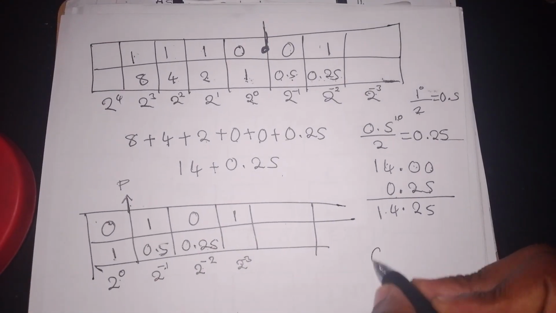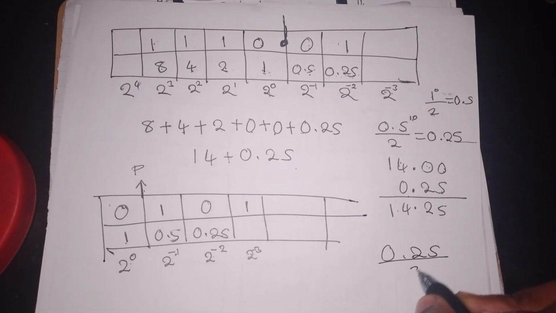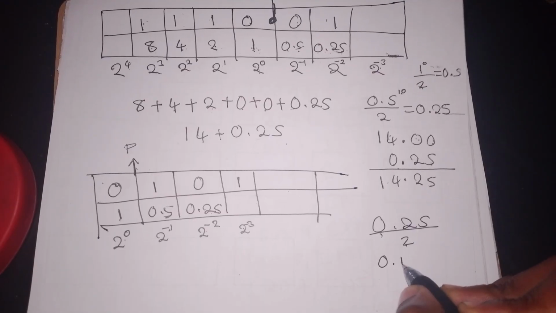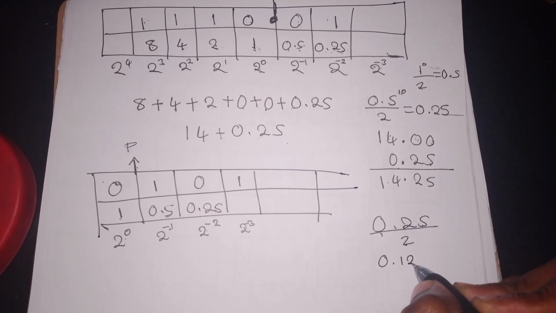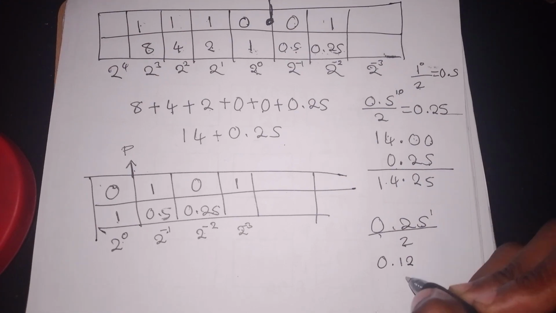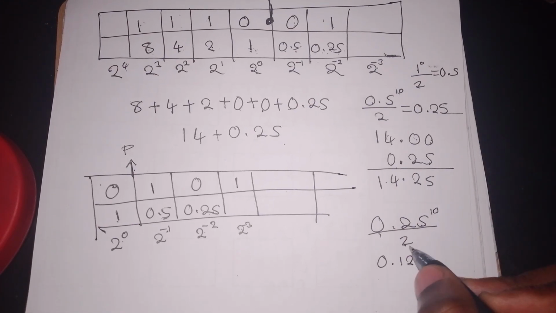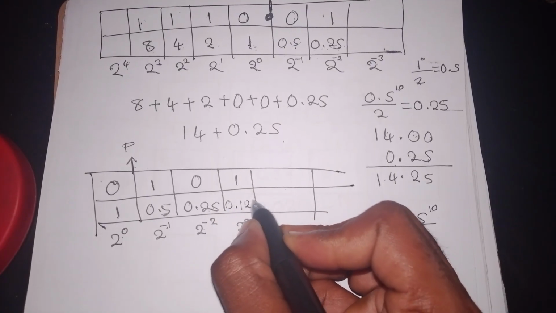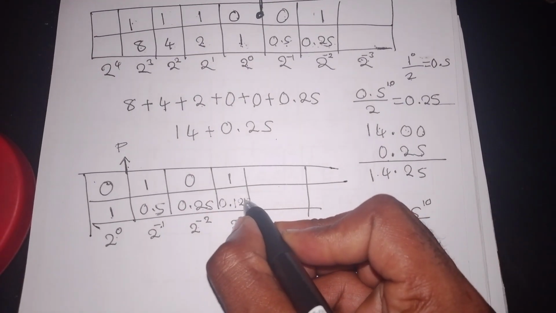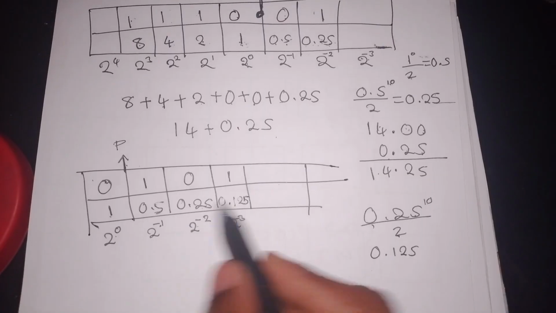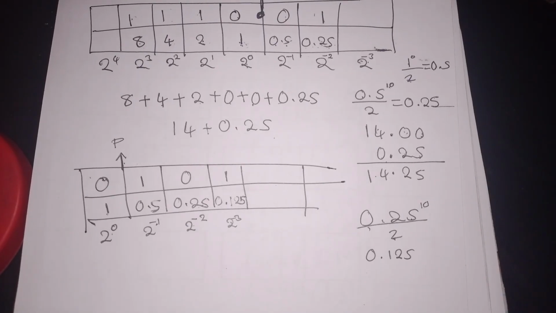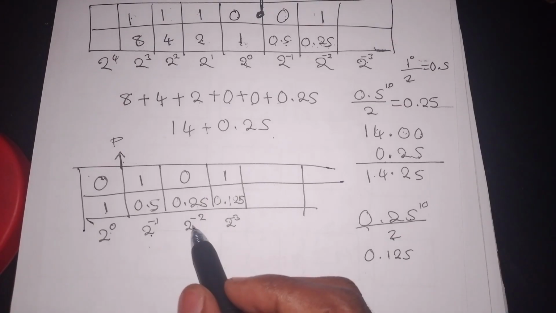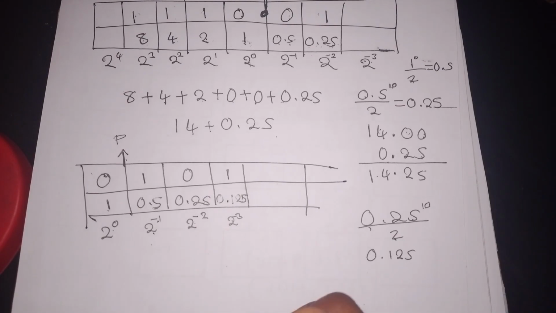And when you divide 0.25 by 2, 2 into 0 is 0, 2 into 2 is 1, and 2 into 5 is 2, remainder 1. But because it's a decimal number, you put a 0. So 2 into 10 is 5. So this would be 0.125. If you want, you can even memorize these numbers. But if you can't, just do what I have just done, because this is basically just 1 over 2, then 1 over 2 to the power 2.